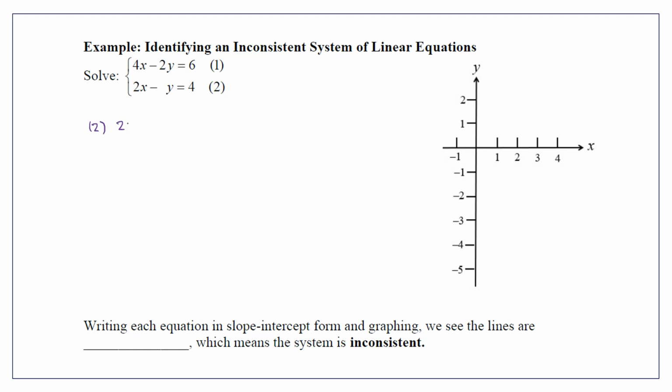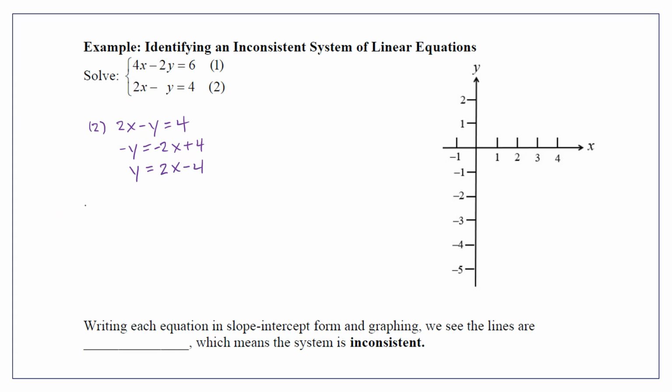So I'll have 2x minus y equals 4. So minus y equals negative 2x plus 4. Dividing everything by negative 1, I get 2x minus 4 equals y.